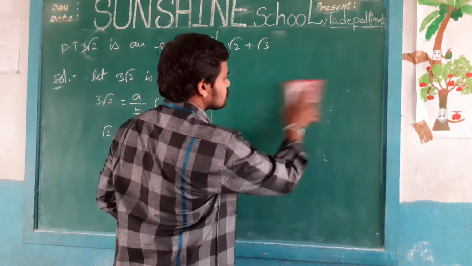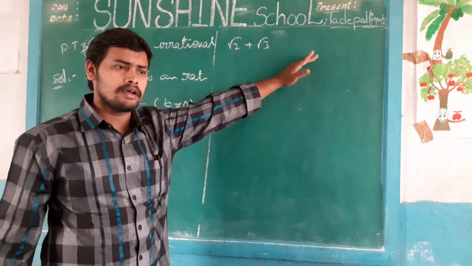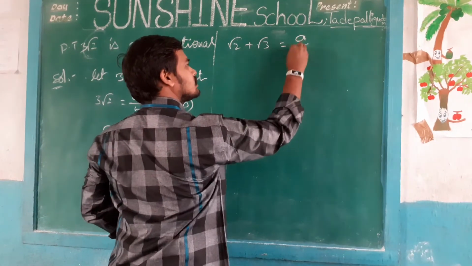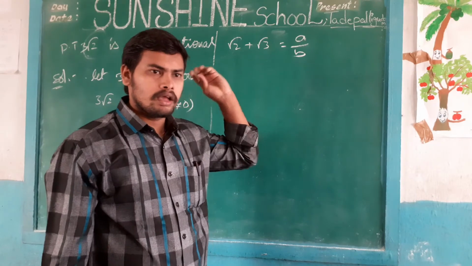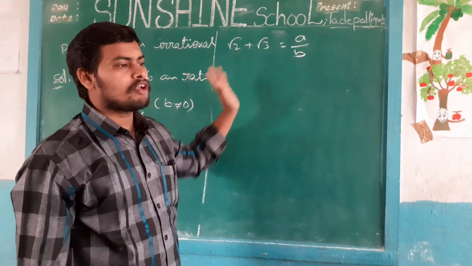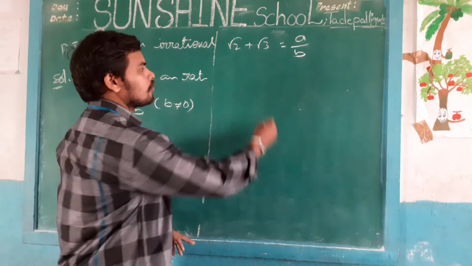Let us assume root 2 plus root 3 is a rational number. Whenever it is a rational number, it can be represented as a by b, where b is not equal to 0. Here a and b are co-primes. So what we have to do is square on both sides.